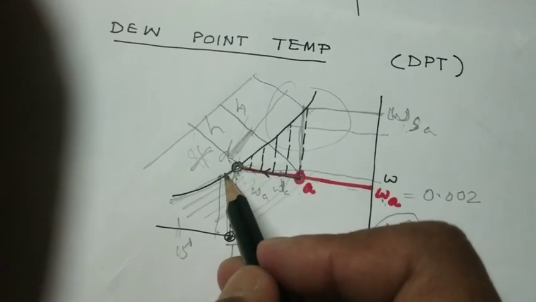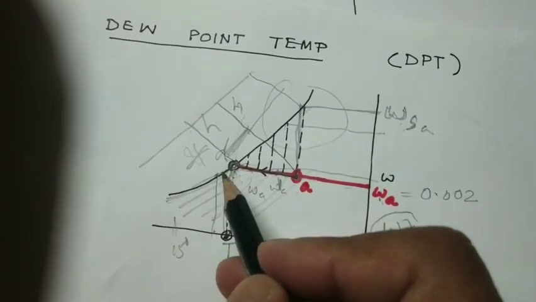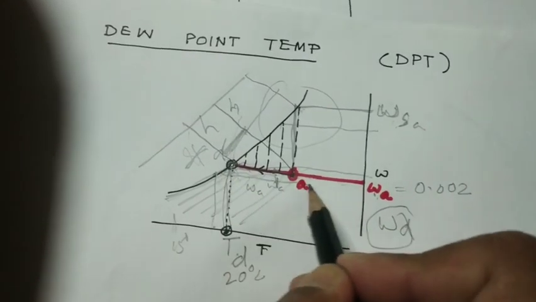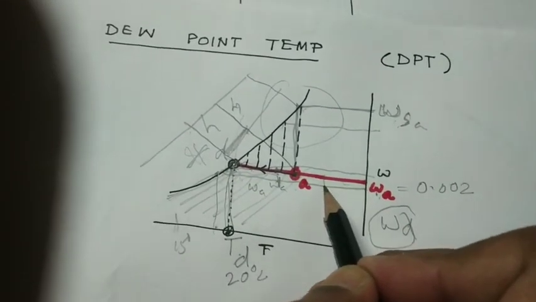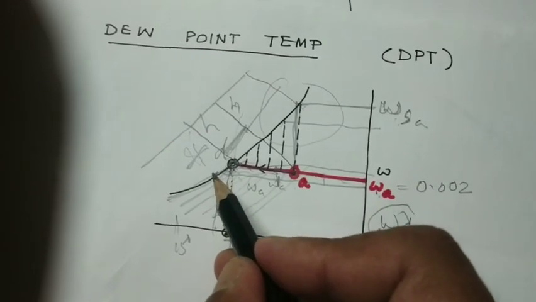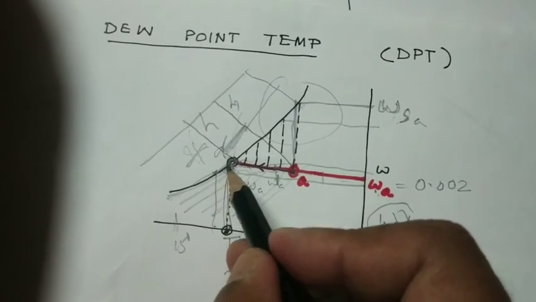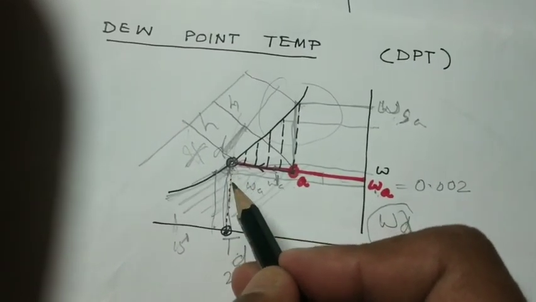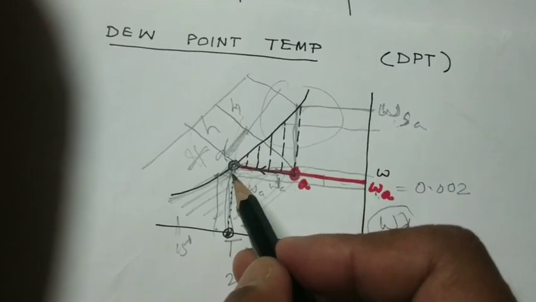If you want to decrease the heat content of air, you will have to compromise in the content of water vapor. So if the water vapor can decrease, then only we will say that you can approach this point, because we have to remain within the saturation curve. So a certain amount of water vapor will condense here.